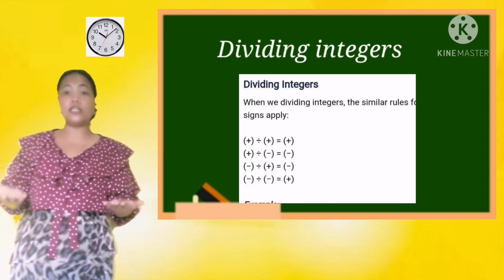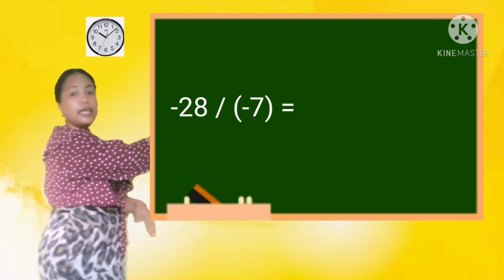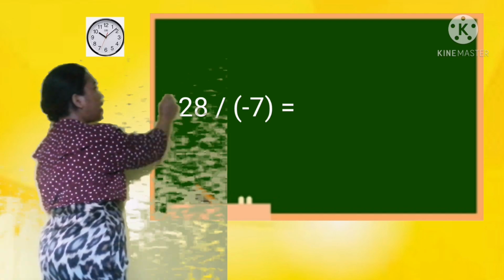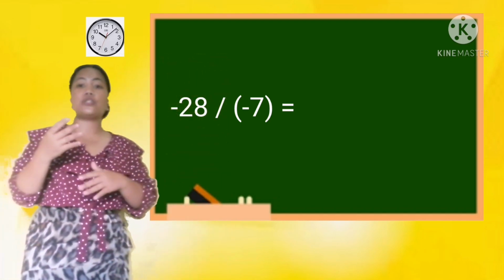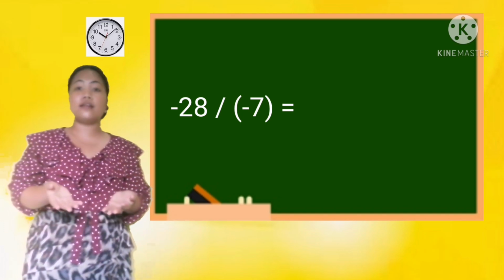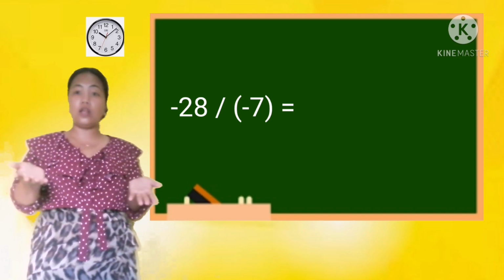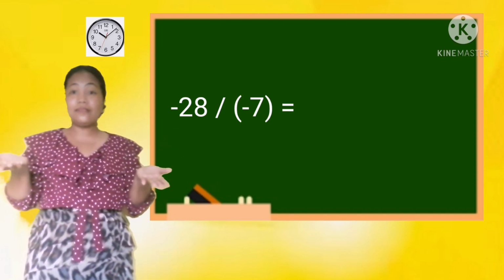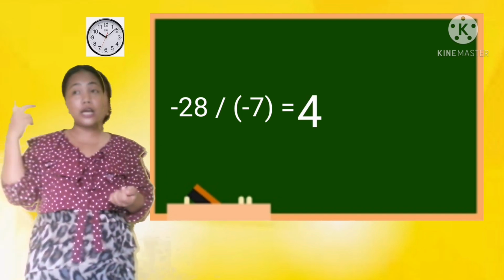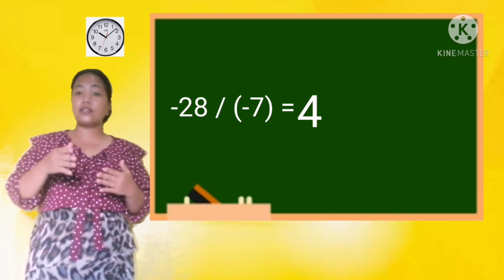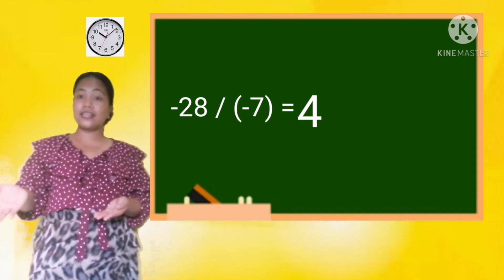For example, negative 28 divided by negative 7. To solve negative 28 divided by negative 7, as we can see, they have the same signs. So the answer is positive, and you will get 4, right?